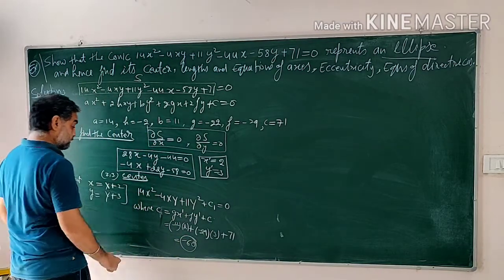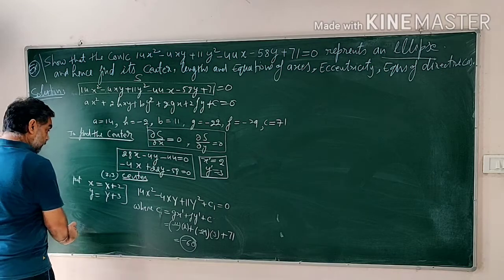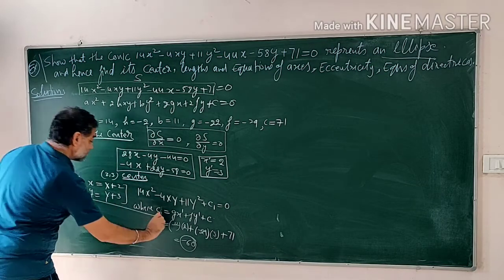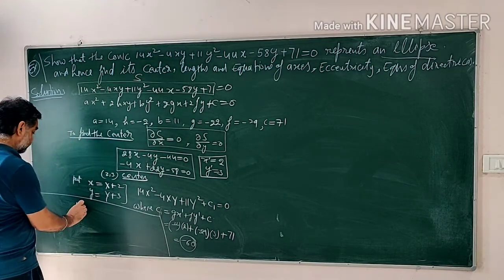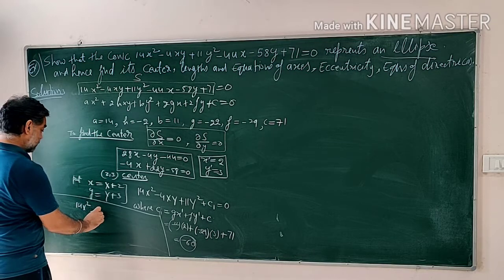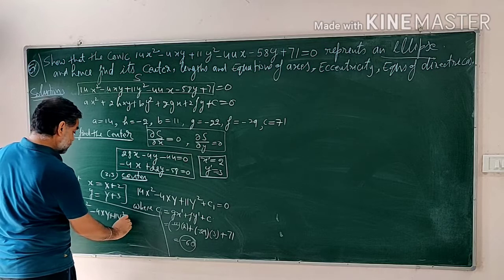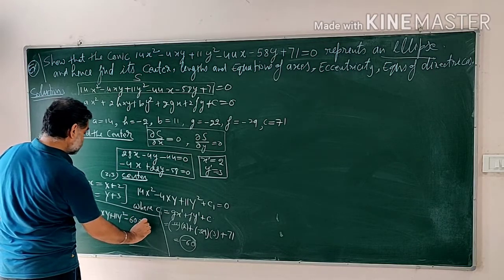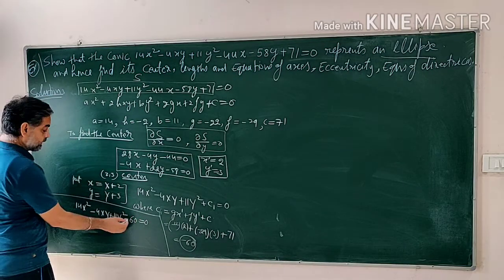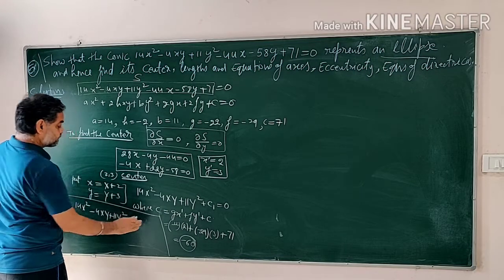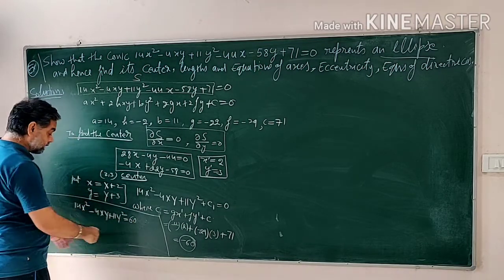So this equation reduces to 14X² − 4XY + 11Y² − 60 = 0, or you can write that this is equal to 60. Take 60 to the other side and divide by 60 both sides.